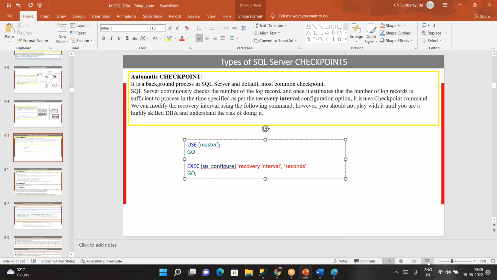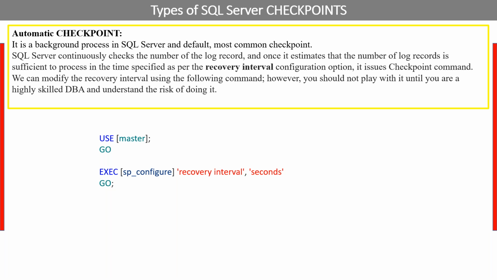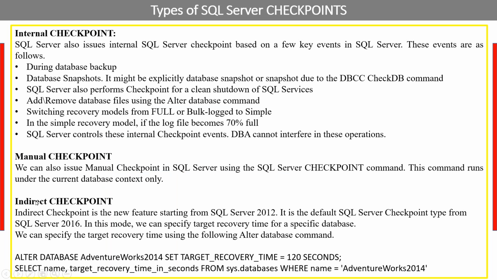But we have different types of checkpoints, sir: internal checkpoint, manual checkpoint, and indirect checkpoint. So three other types are available. What does internal checkpoint mean? Whenever you are performing certain operations, like taking backups, triggering DBCC CHECKDB, changing the recovery model, or altering the database file locations, the internal checkpoint will trigger, sir.